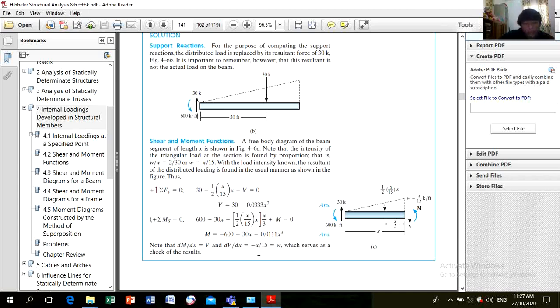Now, to check that one, the derivative of moment is V and the derivative of V is the loading. Okay? So what is the derivative of moment? It will become 30, then 3 times 0.011, negative 0.0333 x squared. It's correct, right? How about derivative of V? Derivative of V is negative 0.0667, which is equal to 1 over 15 x. So we are correct. Okay?